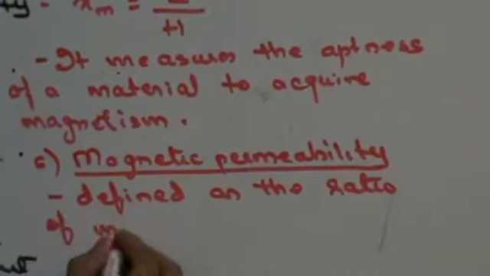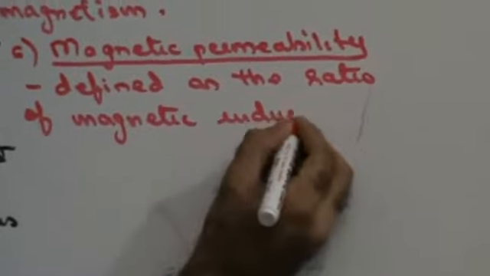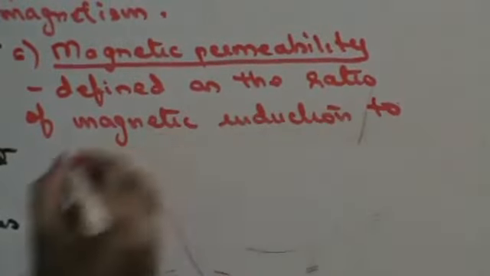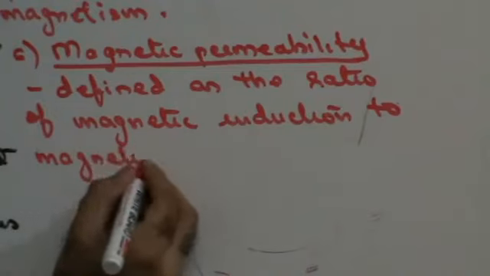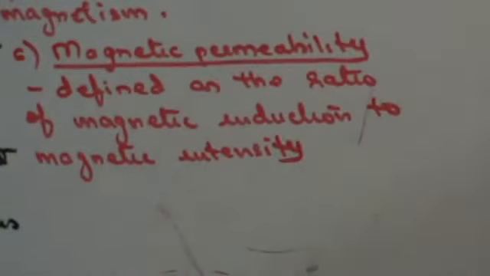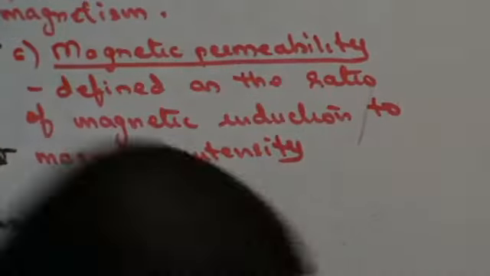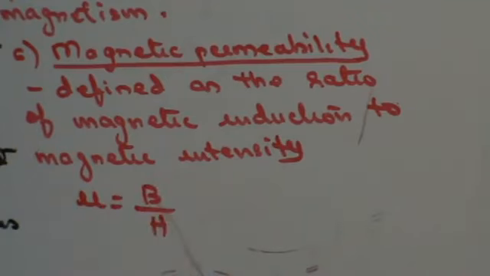Do we get this here? So I can therefore say that mu is equal to B upon H.